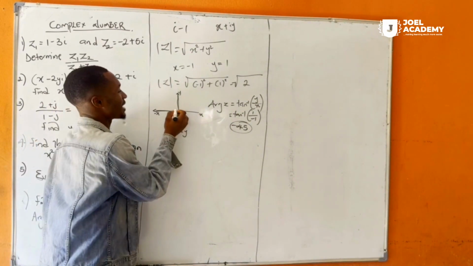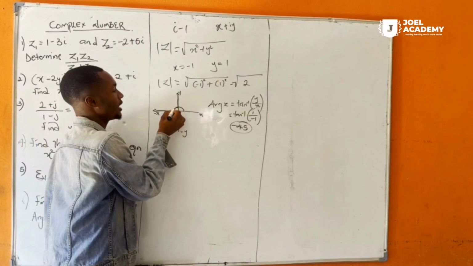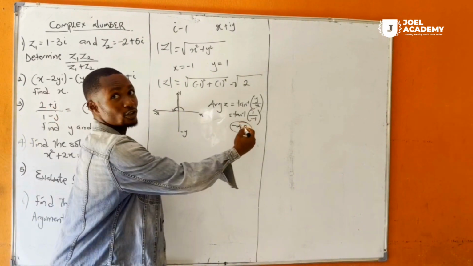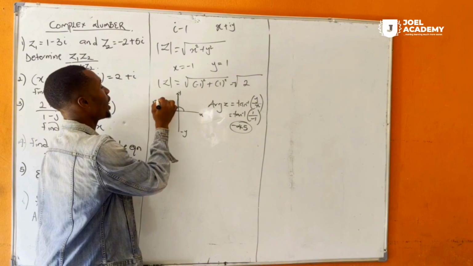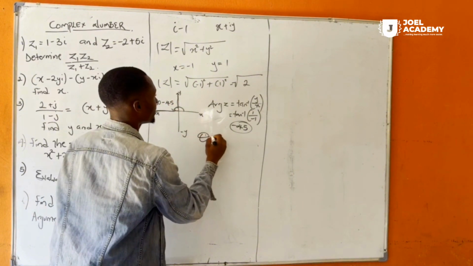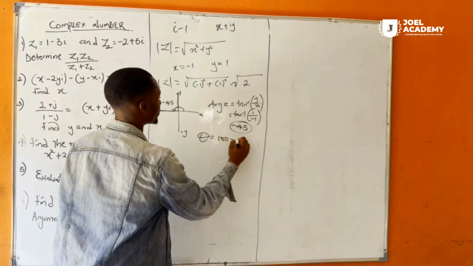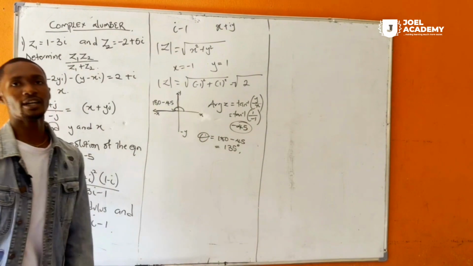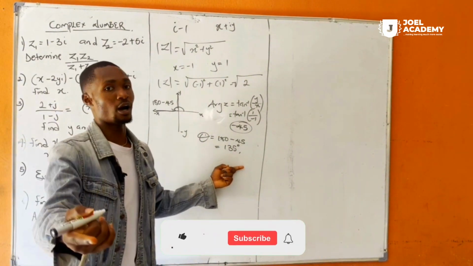Since it's happening here, the distance from here to this point is 180. So since you're having minus 45, this will become 180 minus 45. So our theta will be 180 minus 45, which gives us 135 degrees, which you can also convert to radians if you want.